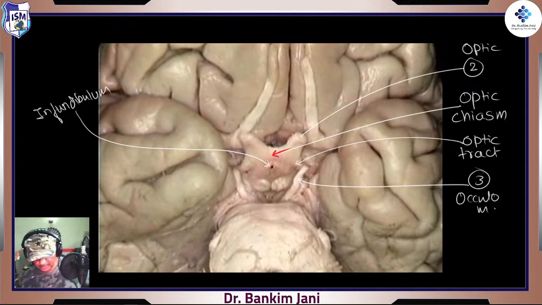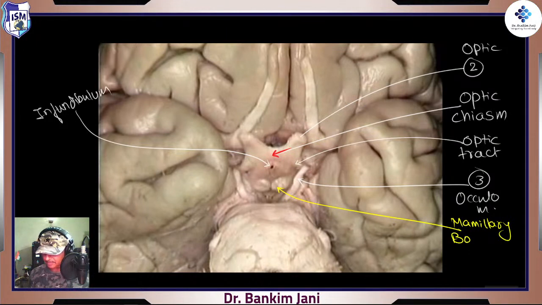So that's how these are the things which are arranged. A very fine structure, very superb structure. This is what? Mammillary bodies, right? You should never forget this structure, because it is this structure which is taking care of your memory, right? So this is the mammillary body.